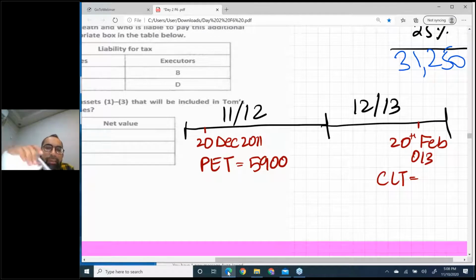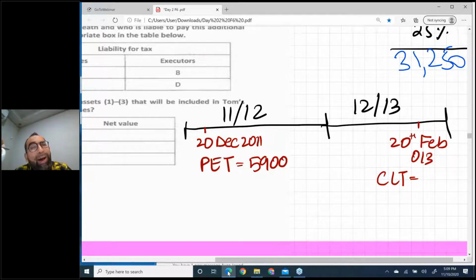So in 11-12, he did PAT of 5900. Tell me the last fiscal year before 11-12. It's 10-11, and you can see there is no gift in 10-11. So in 11-12, you have two annual exemptions available, 3000 for 11-12 and 3000 of the previous year.